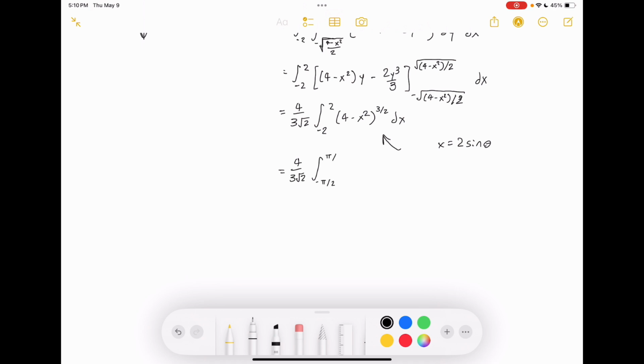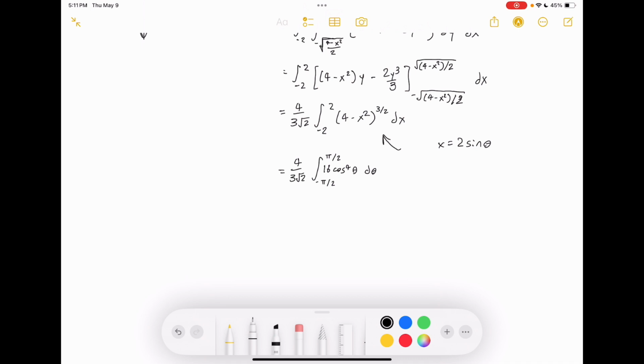to pi over 2. And our inner function just becomes 16 cosine to the 4th theta d theta. And now by taking that out, what can we do?